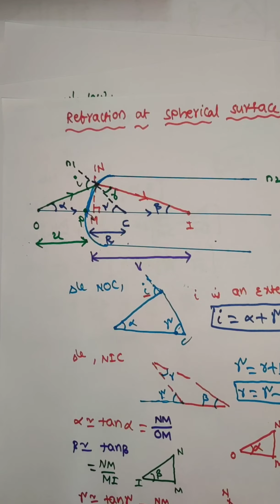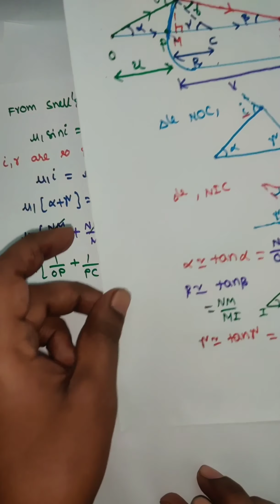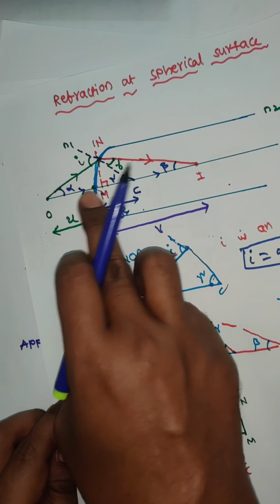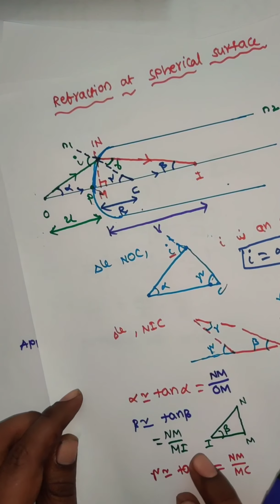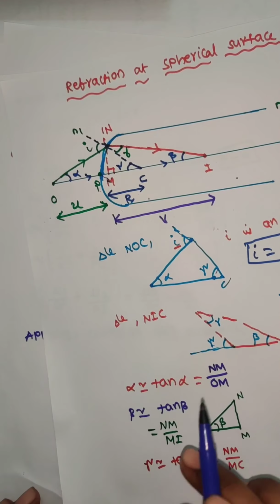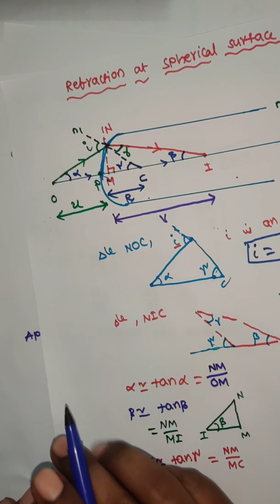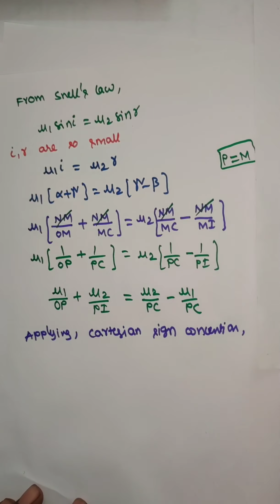Here all the distances are measured from the pole of the spherical surface. This is the pole of the spherical surface. All the distances must be measured from the pole. And the next one, the distances measured in the direction of the incident light are positive, and the opposite direction can be taken as negative.